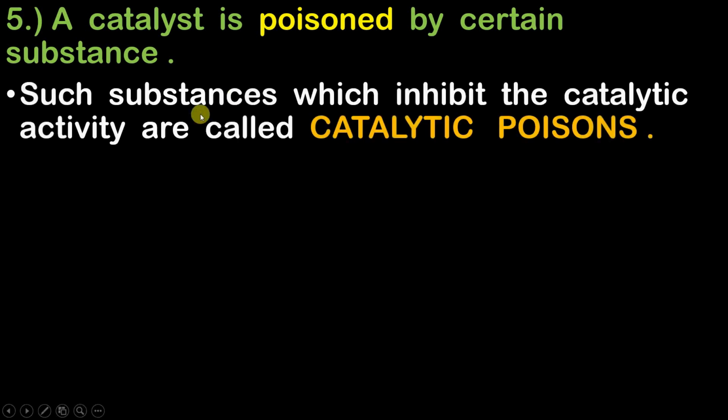Let's understand this with the help of an example. Before that, such substances which inhibit the catalytic activity are called catalytic poisons. Those substances in the reaction which make the catalyst inactive are called your catalytic poisons. Clear with this? You'll understand this better with an example.